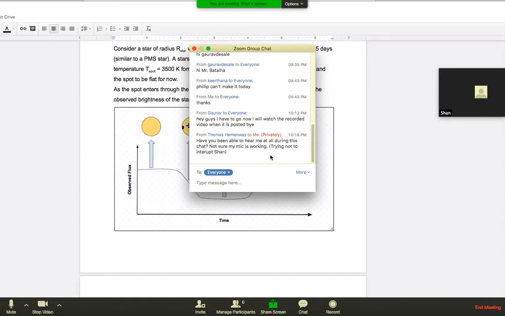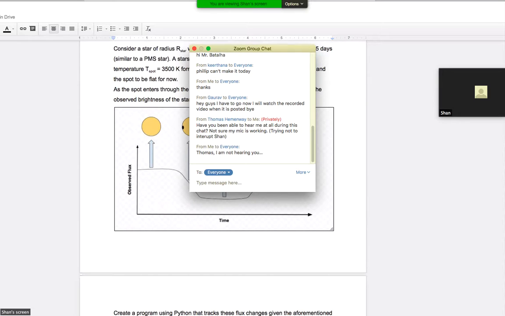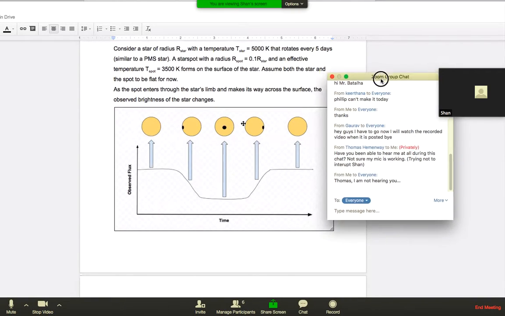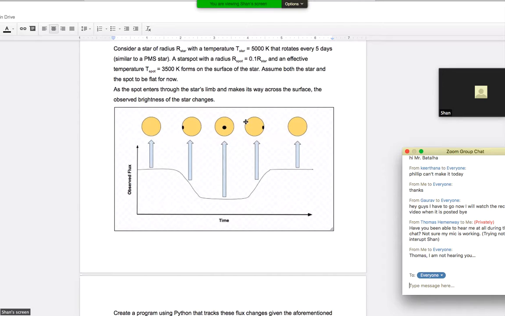Eventually the whole spot is on the surface, and we have a stable but lower flux as it crosses the star. It exits the star and the flux goes up because the area of the spot is decreasing as time passes, and eventually we're left with no spot once again and the flux returns to its normal value.